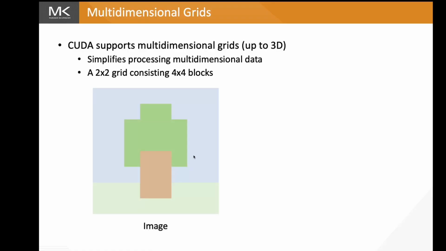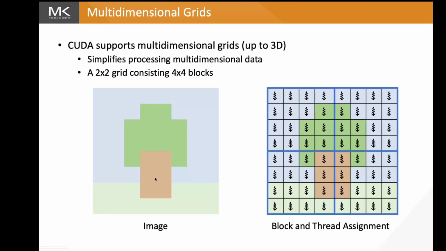All right, so for example, assume this is our image, and for this image, we can simply define this 2-dimensional grid where we assign one thread per pixel, right? So as you can see clearly in the right diagram, we have organized our blocks into a 2 by 2 grid, right?